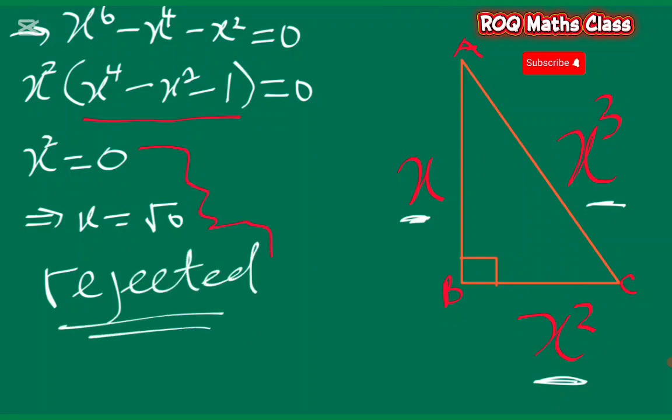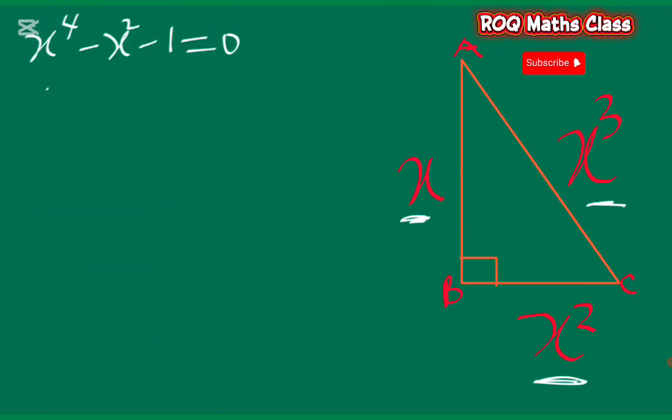So x to the power of 4 minus x to the power of 2 minus 1 equals 0. So let u equal x to the power of 2.